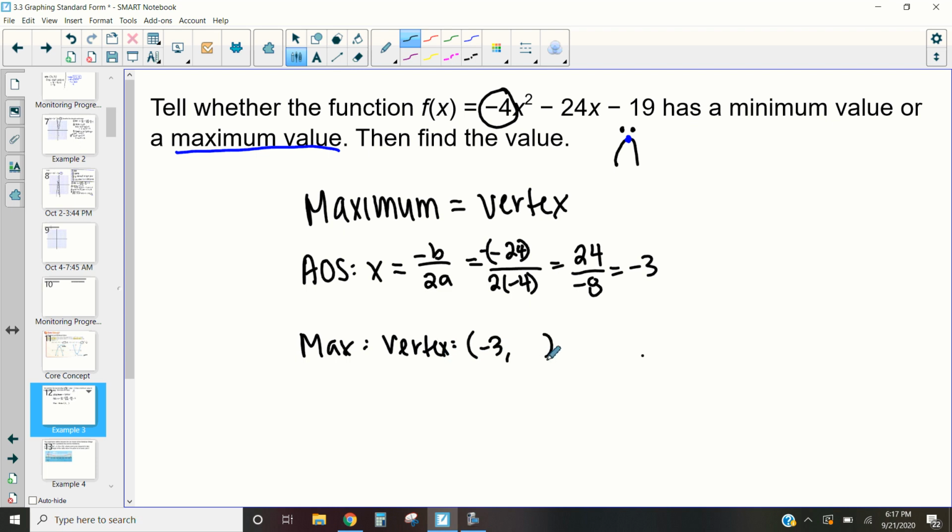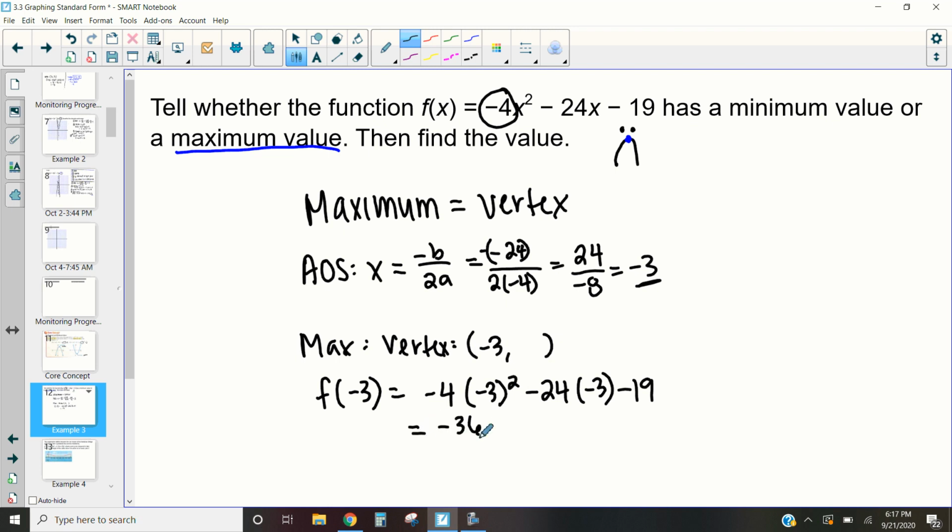So that means my maximum, or my vertex, is going to be negative 3 comma something. The way we figure out what that number is, we plug our x value back into our function. I want to figure out what f of negative 3 is. As I substitute it in, negative 3 squared is 9. Negative 4 times 9 is negative 36.